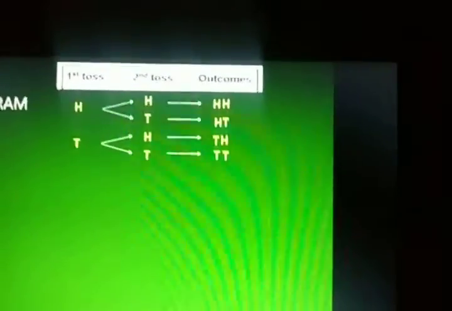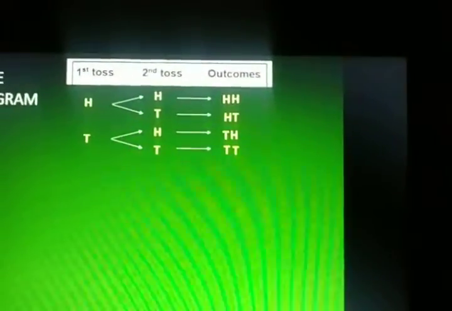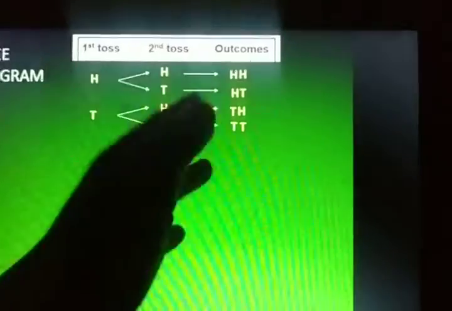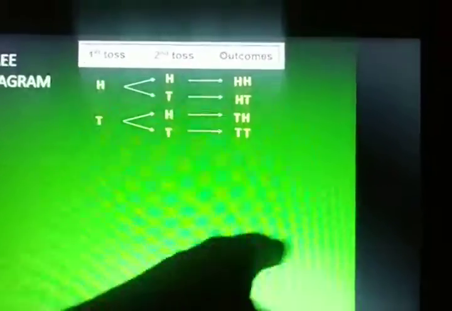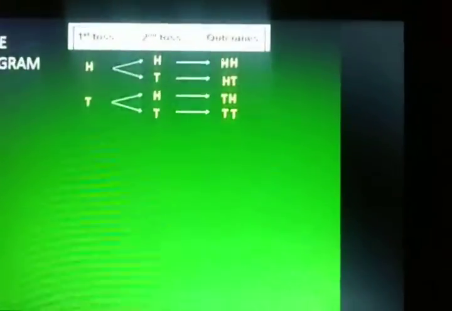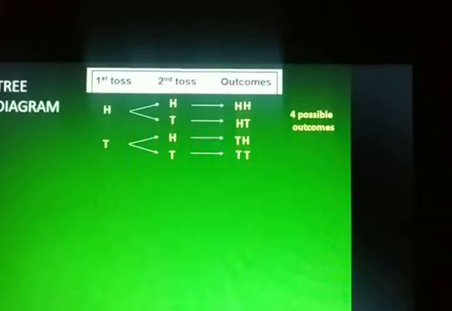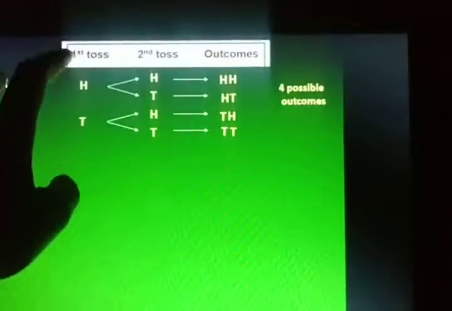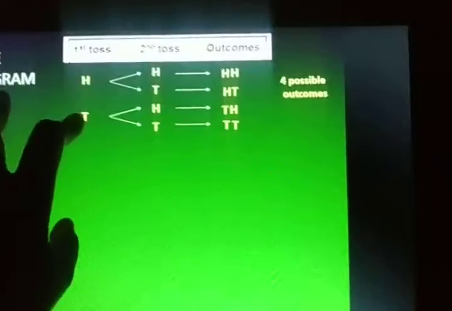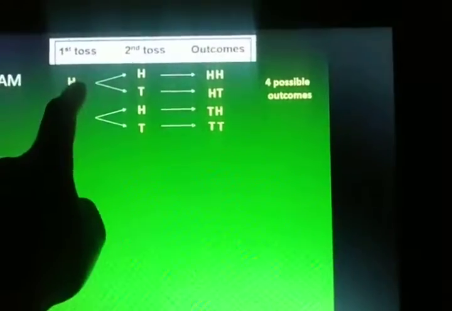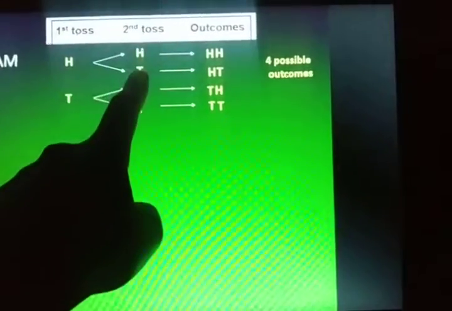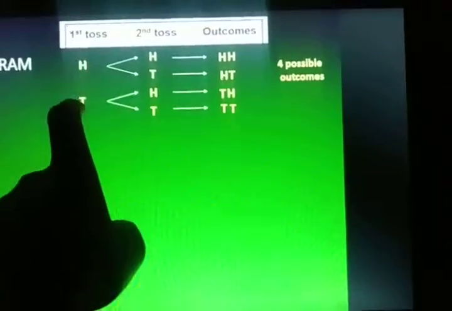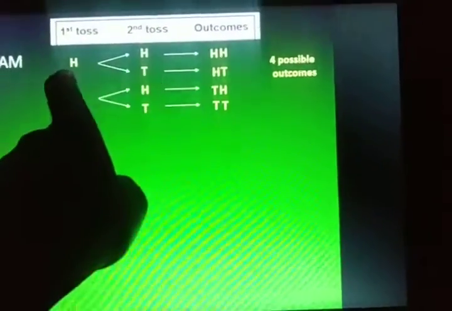So, still, you can use the first ways, table or tree diagram, as you go branching out below. The outcomes are still the same. The number is still the same. 4 possible outcomes. Again, first toss, head and tail can happen. On the second toss, you pair with head, right, it can be head and tail? On tail, it can also be head and tail. Then, pair them.